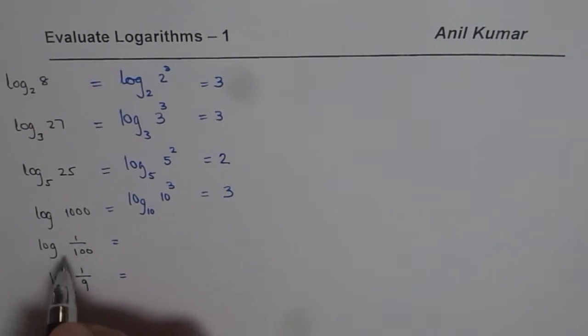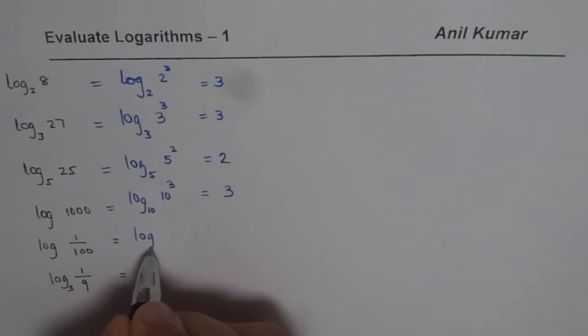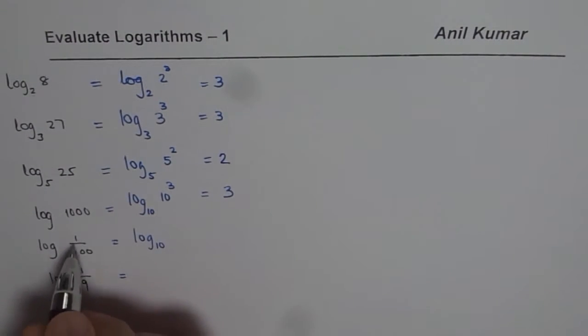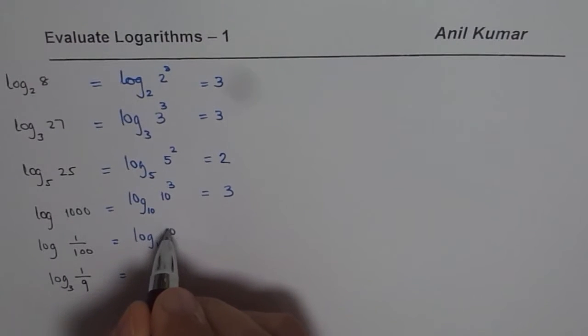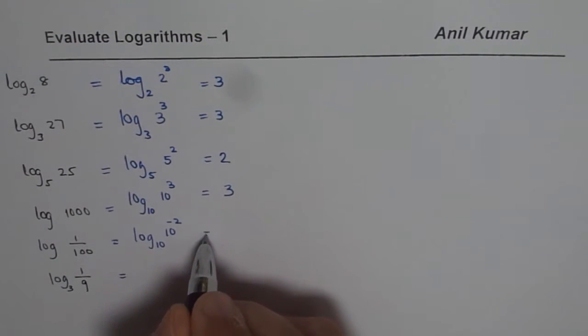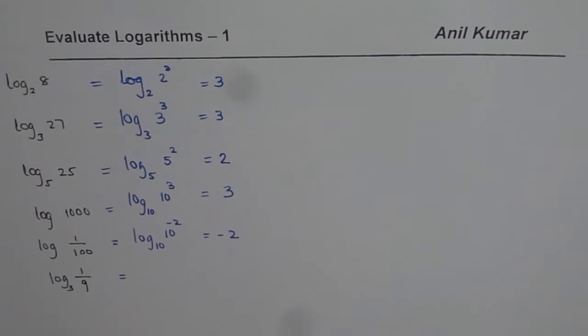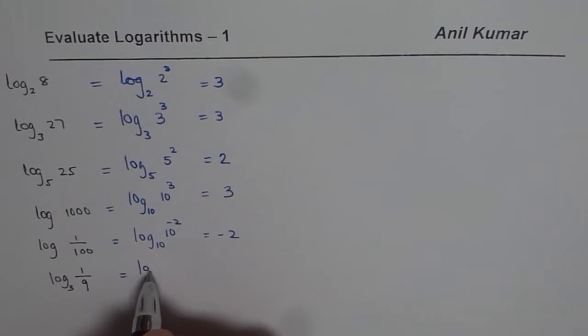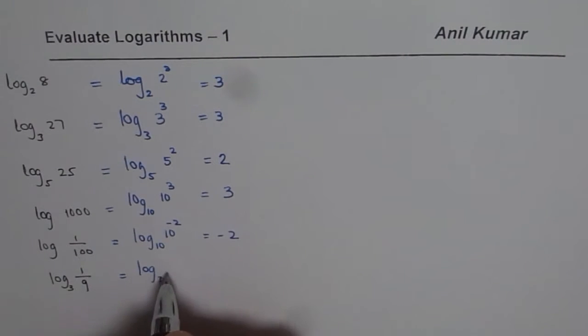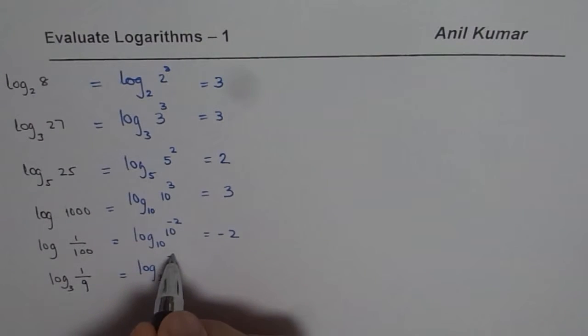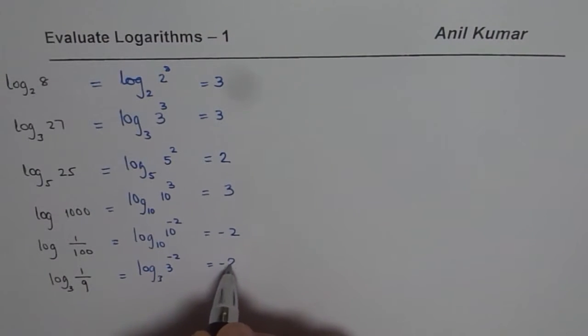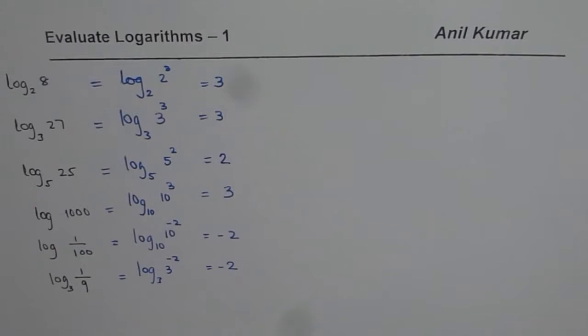These questions could be answered as follows. Log to the base 10 of 1 over 100: 1 over 100 is 10 to the power of minus 2. So we get minus 2 as a result. Log to the base 3 of 1 over 9: 1 over 9 is 3 to the power of minus 2. So minus 2 is the answer. So that is how you can do such questions, right?